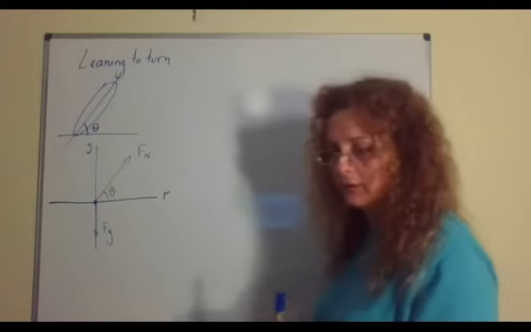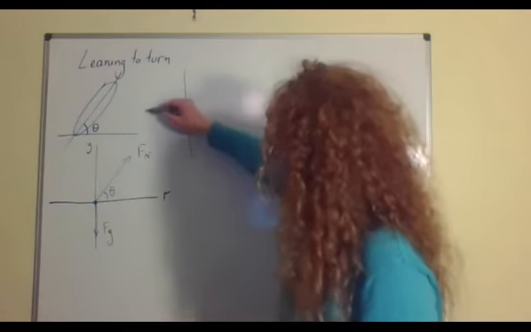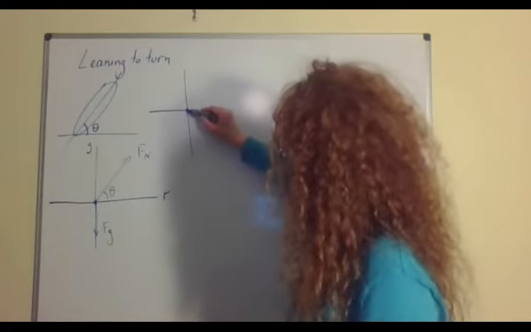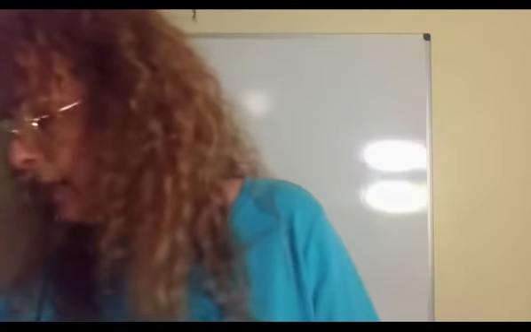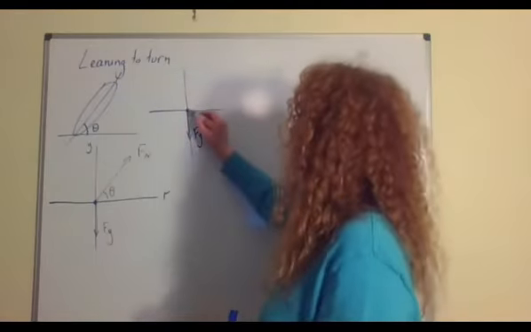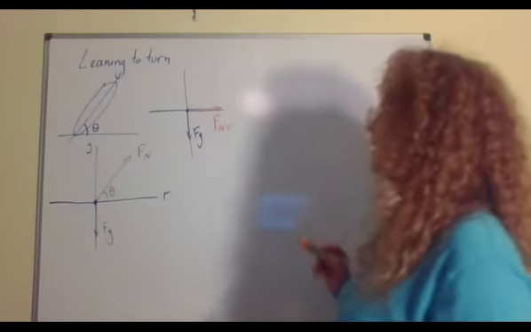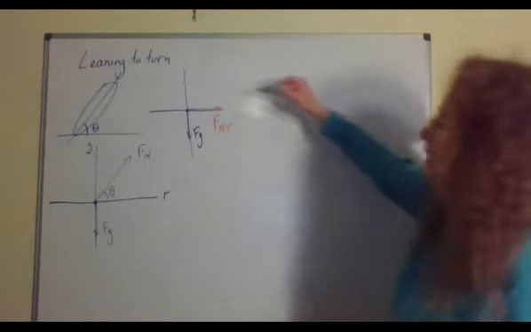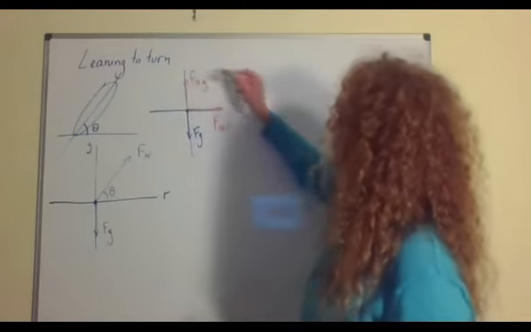So I should resolve the normal force, again, by doing it here. Besides the force due to gravity, I should have the R component of the normal force and the Y component of the normal force.